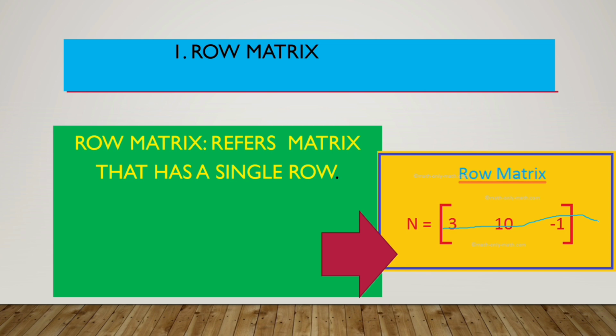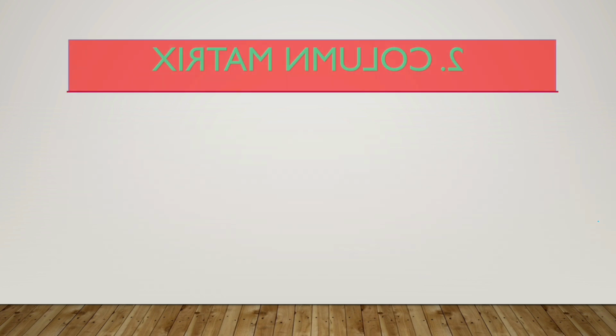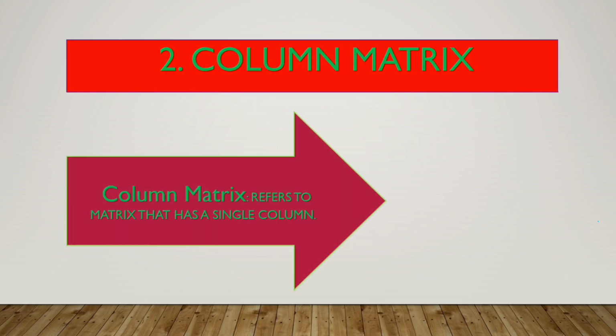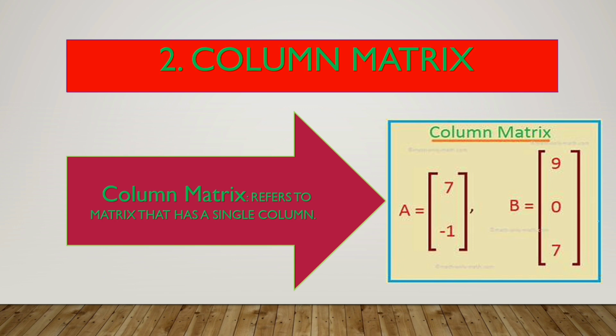Let's move on next. So next one, we have column matrices. Column matrices by definition refers to a matrix that has a single column. Let's see example. So ubwo hano bishatse kuvuga ko column matrices ni matrices ariko ifite column imwe, nubwo rows zaba ari nyinshi.